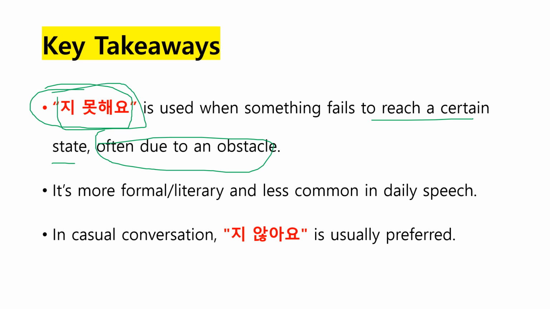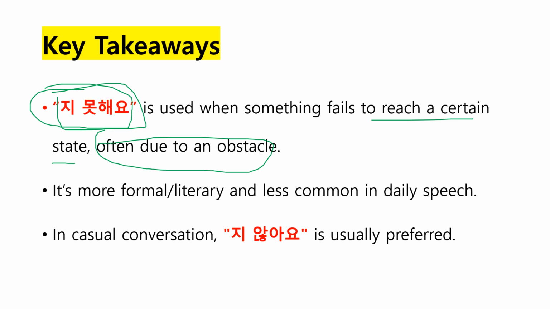And, well, maybe most learners are not familiar with this grammar because it's not frequently used in speech. I also noticed it usually in formal settings and in writings and in books. So most people in spoken Korean just say 지 않아요.